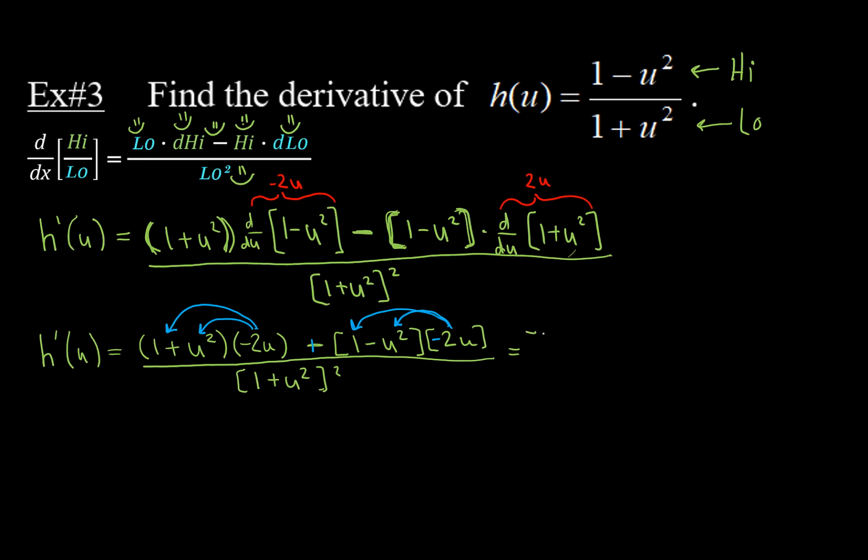So in the top, I'm going to have negative 2u minus 2u cubed. Then I'm going to have negative 2u plus 2u cubed, all over 1 plus u squared to the power of 2.